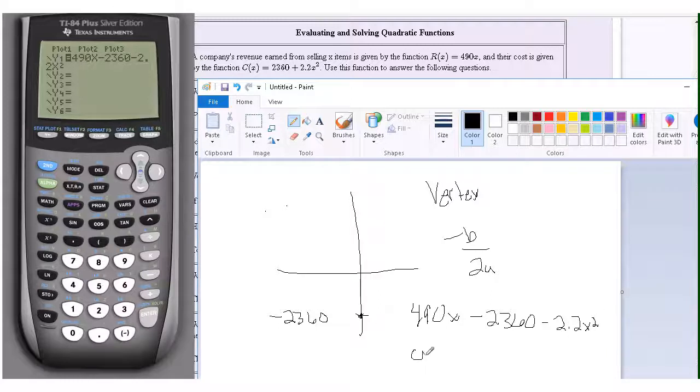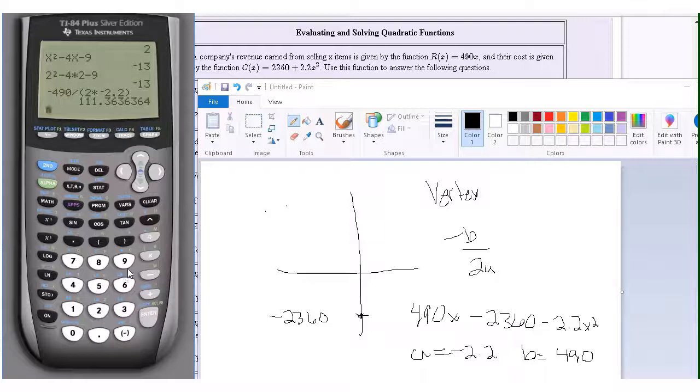So in this case, my a term is negative 2.2, and my b term is 490, because that's the part that goes with just the x to the first power. So I'll do negative 490 divided by 2 times negative 2.2. Okay, so that's my x value. My vertex is approximately 111.